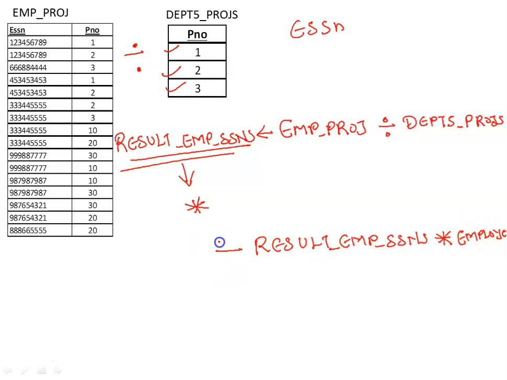Okay, and this you store, or rather than storing it, what you can do is, once you get the output, you project the L name and the F name of those employees, and then you store it into a temporary relation or a final relation result.